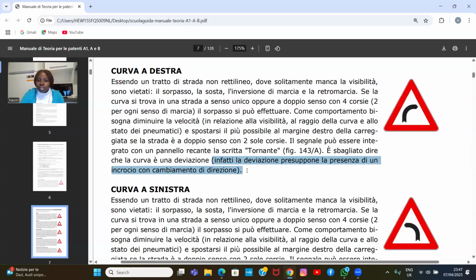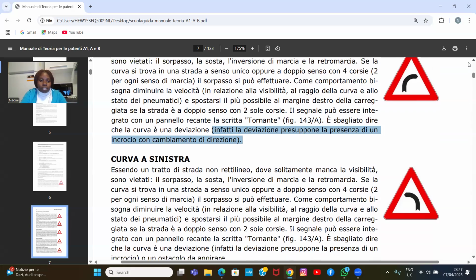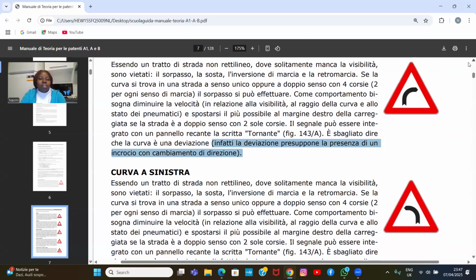But when you see this sign, it is not a deviazione, it is a curva a destra and curva a sinistra. So like I said, the rules that we just stated in curva a destra also apply to curva a sinistra. So that is it for these two sides.